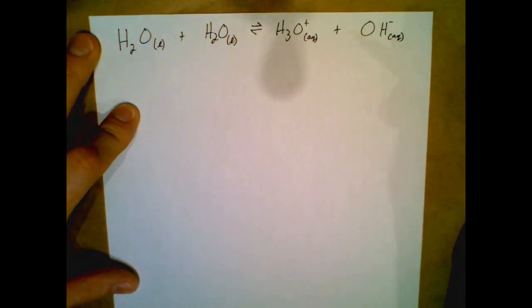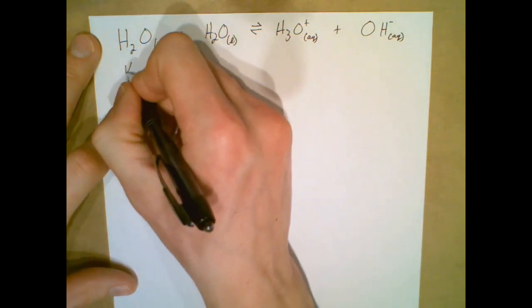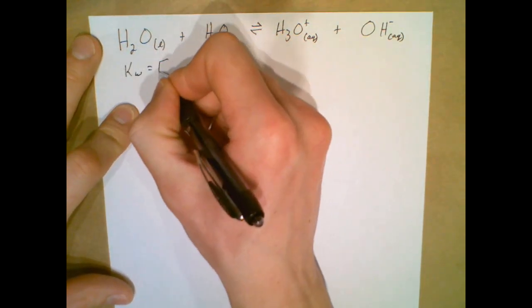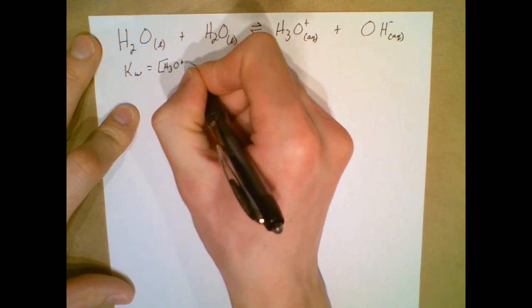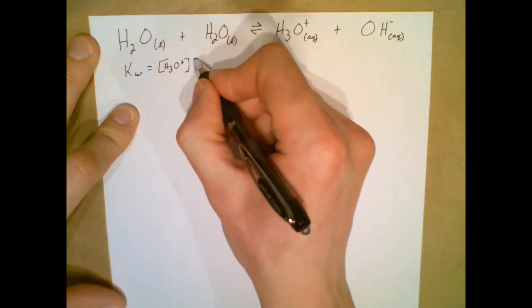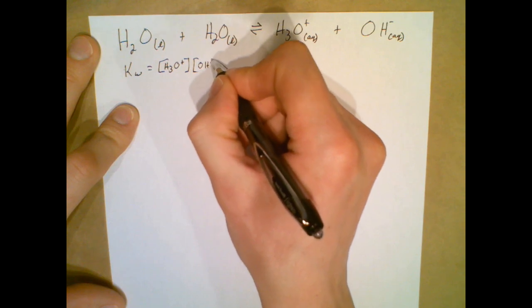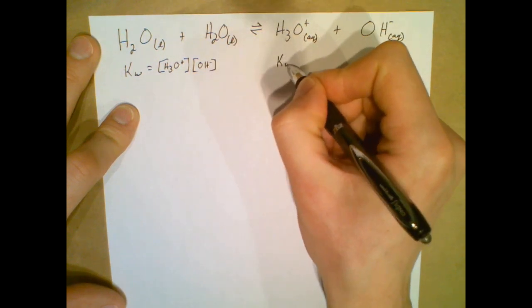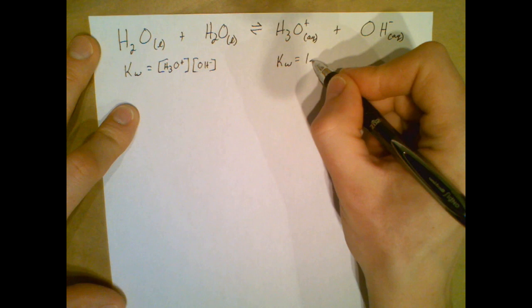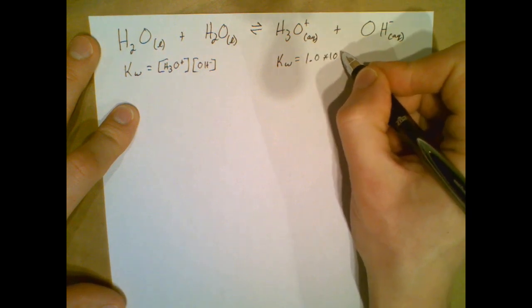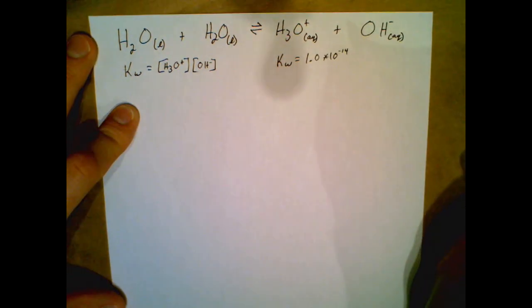That led to our equilibrium constant, Kw, which is the concentration of H3O plus multiplied by the concentration of OH minus. And remember, we actually knew the numerical value of Kw was 1.0 times 10 to the minus 14. All right.